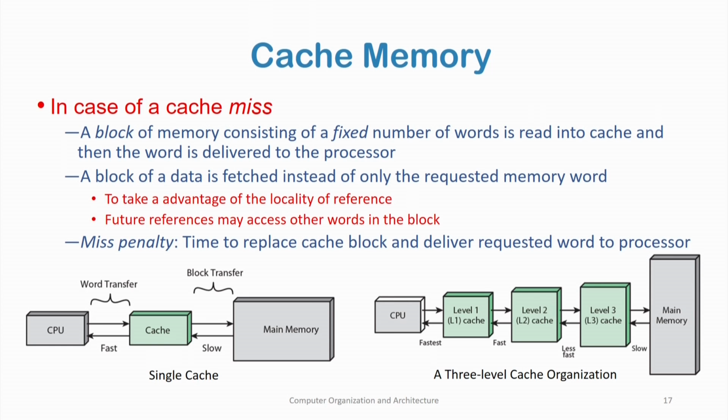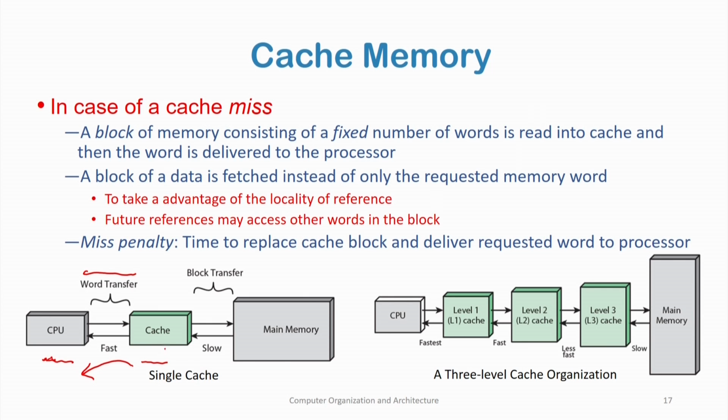Miss penalty: the time to replace a cache block and deliver the requested word to the processor is known as the miss penalty. Here in the figure on the left, we see that the CPU asks for a word from memory, and if that word is present in cache, we send it back to the CPU, and this is word transfer.